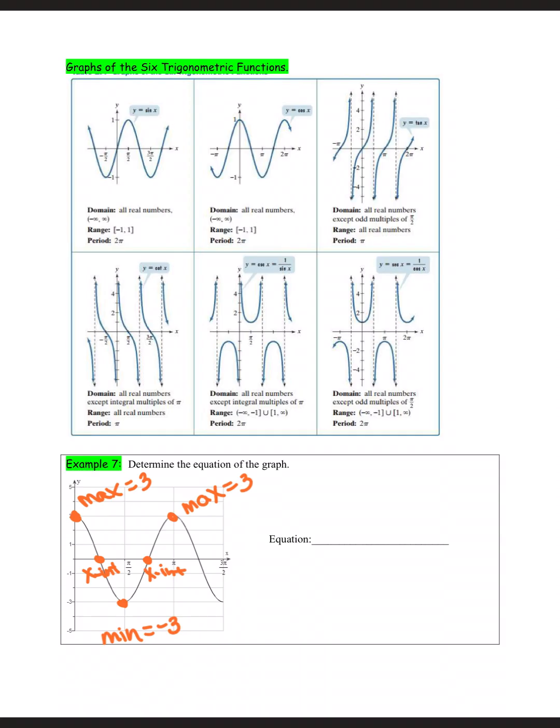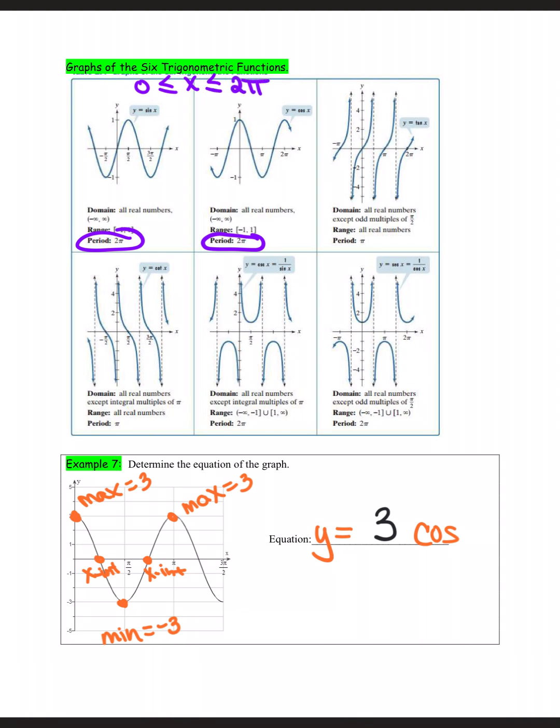So we know that here this is the cosine graph. If you notice that it starts at max and ends at max, so we know that this is y equals something cosine. Okay, we know the amplitude, or A, is 3 because of the max and min. Now, to figure out the period, we know that the cosine and sine both have a period of 2 pi. So normally x is between 0 and 2 pi.